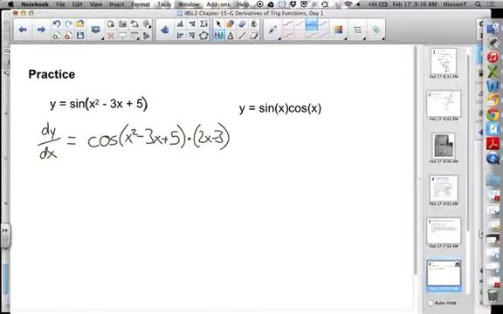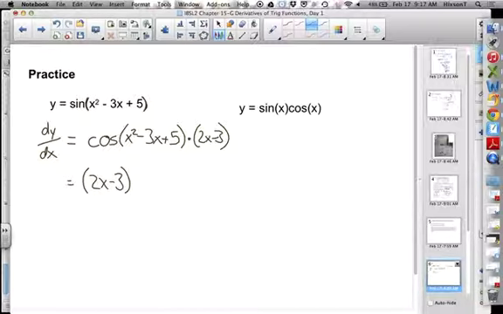Now, what you may want to do to avoid any kind of confusion as far as what part of this is in the cosine, what part of it is multiplied by the cosine, is you may want to put this derivative of the inner function out in front.